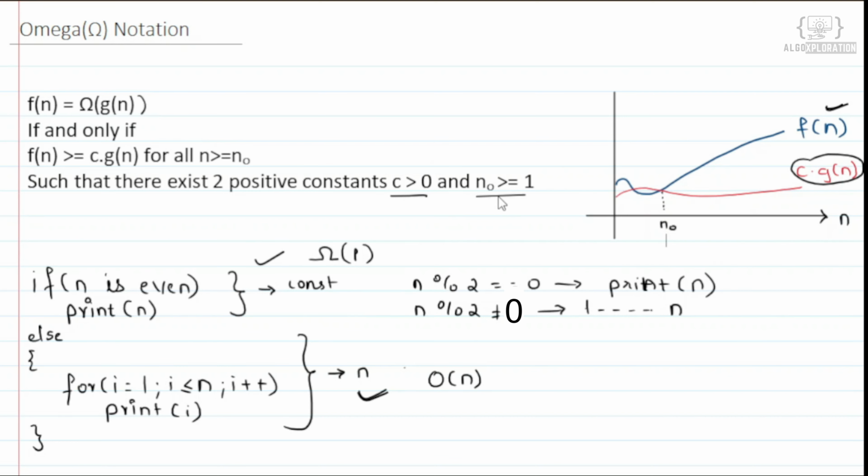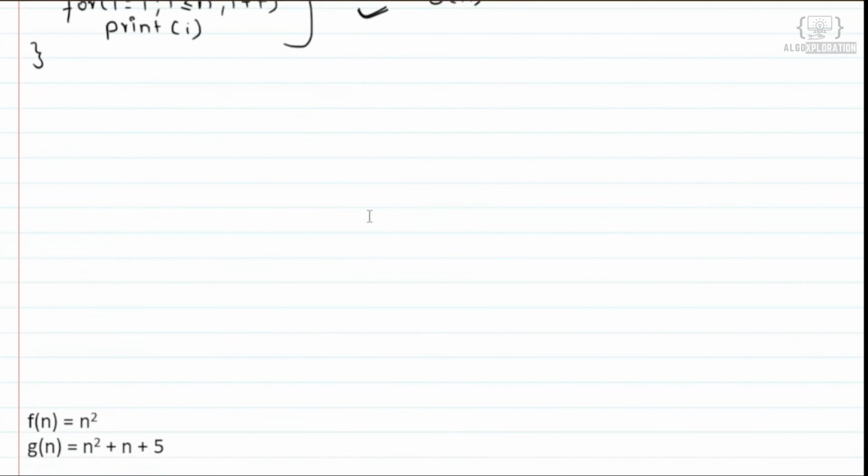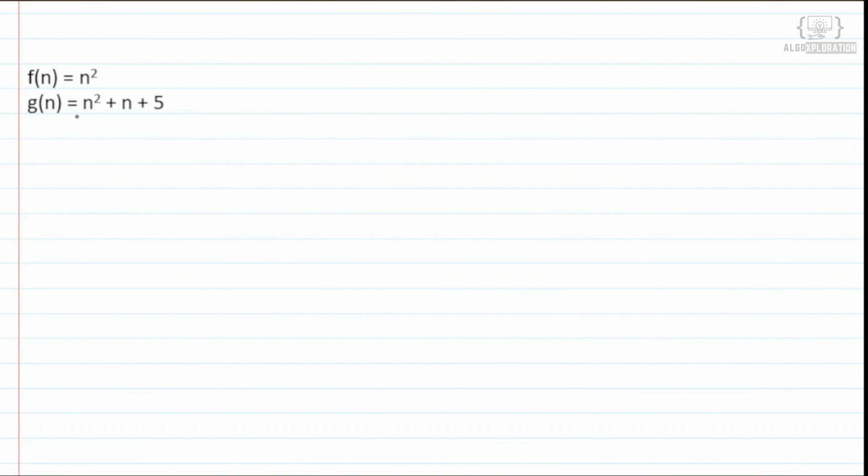Now let's solve some problems based on omega notation. This is our first question. Here f of n is n square plus n plus 5 and g of n is n square. According to the definition, f of n should be greater than or equal to c into g of n. I have shown you how to calculate this equation. Substituting the values, f of n will be n square and g of n will be n square plus n plus 5.